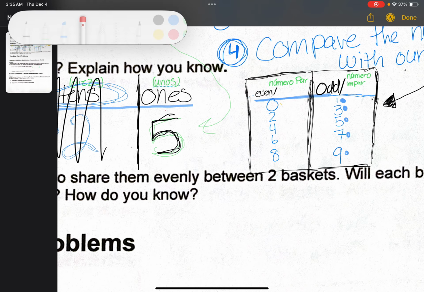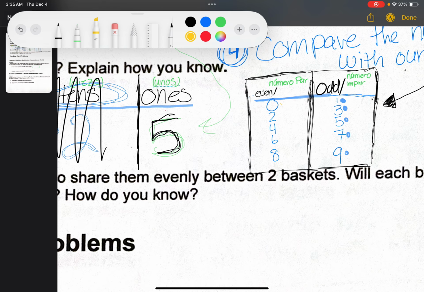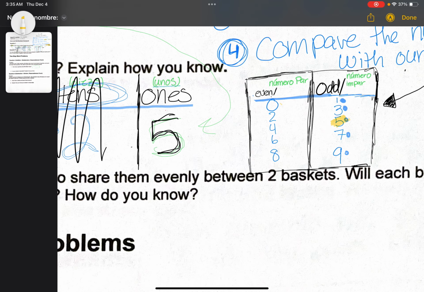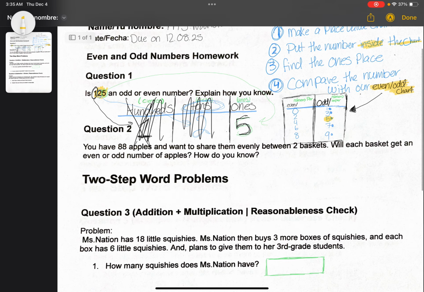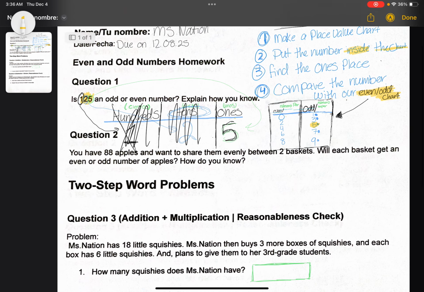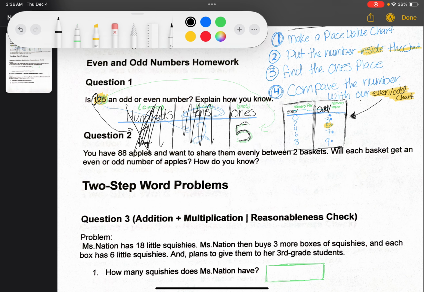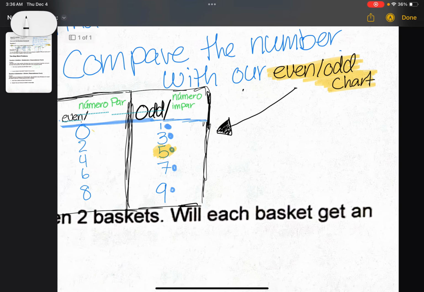But as I looked over to the odd side, I see the number 5. So that means if we have a 5 in the ones place value, that means our number is odd. So that means 125 is an odd number.